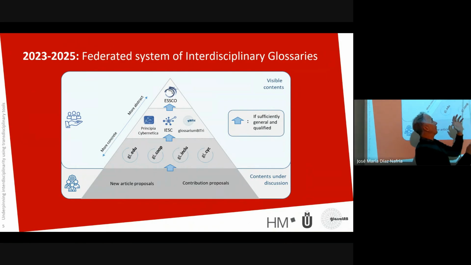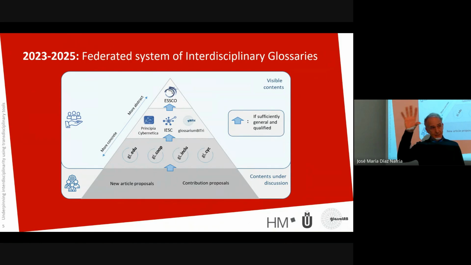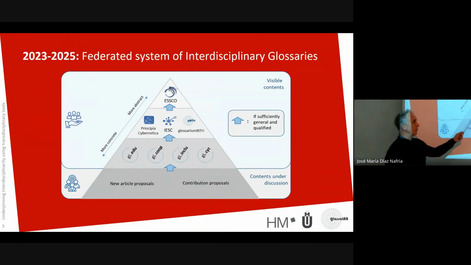And then we have a refinement, a collection of all the articles that promote up to the most transdisciplinary level, an encyclopedia that we call the Encyclopedia of System Science and Cybernetics online. That was the original proposal.